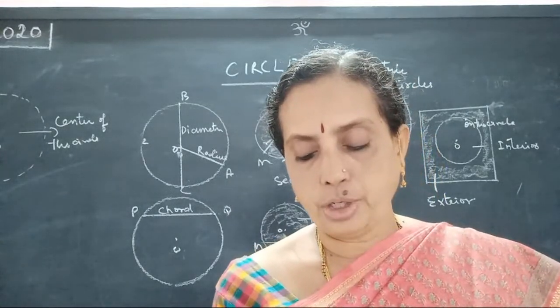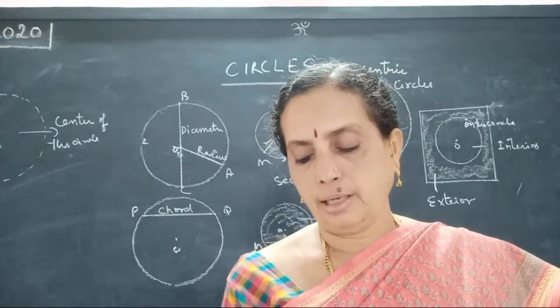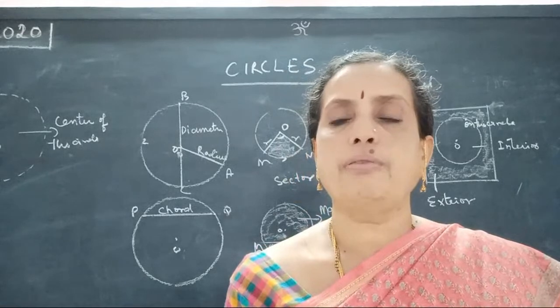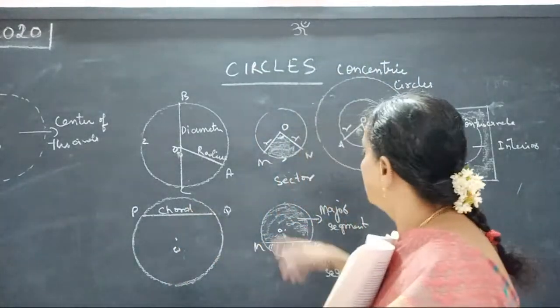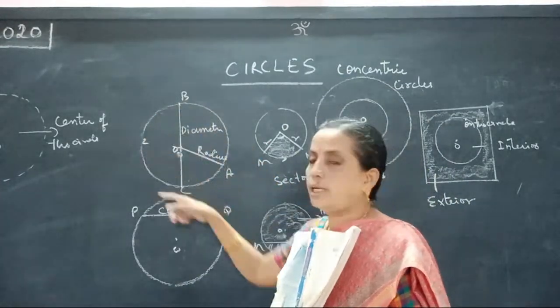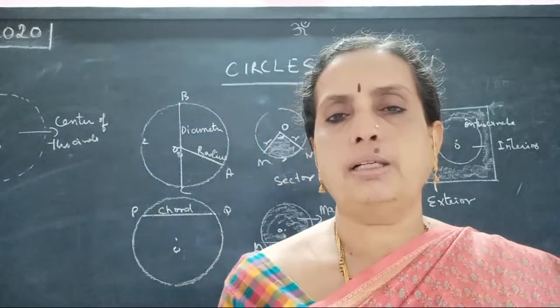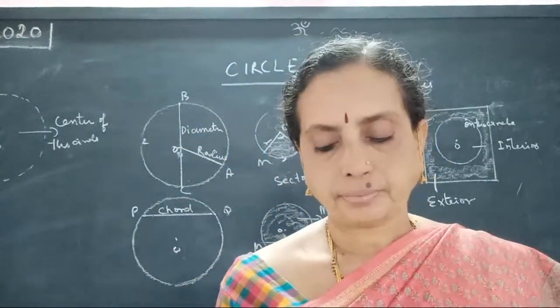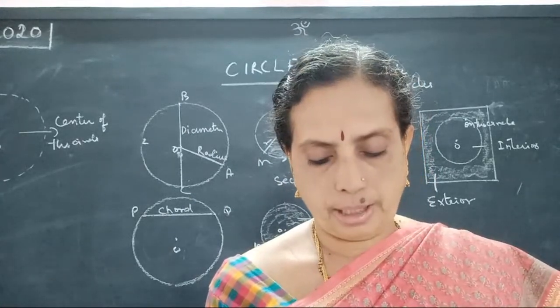A line segment joining the center to any point on the circle is a radius of the circle. A line segment joining the center to any point on the circumference is a radius of the circle. True. Yes.